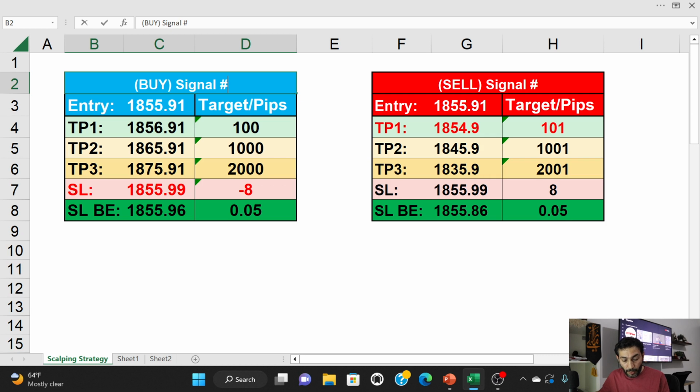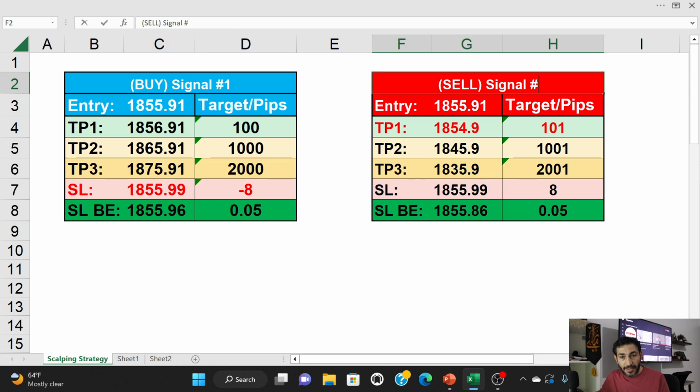For example, we put here signal number 1 if we have given the first signal, or signal number 2 if we have given the second signal, or this can be signal number 1 and this can be signal number 2. So the signal numbering doesn't matter whether it's buy or sell. The signal number is for the signal, whether it's buy or sell.